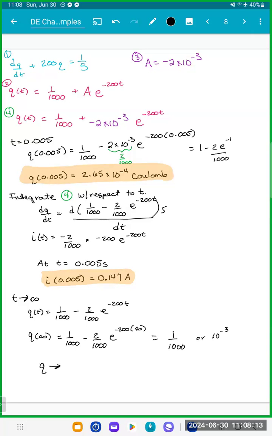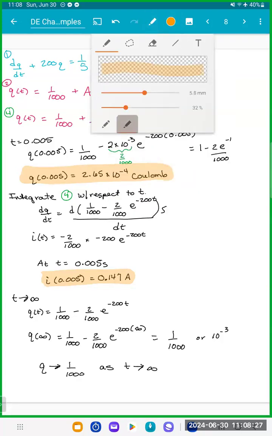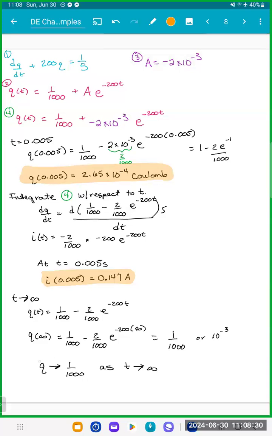So Q approaches 1 over 1,000 as t approaches infinity. And that is the third part of that question that they were asking us to get at.